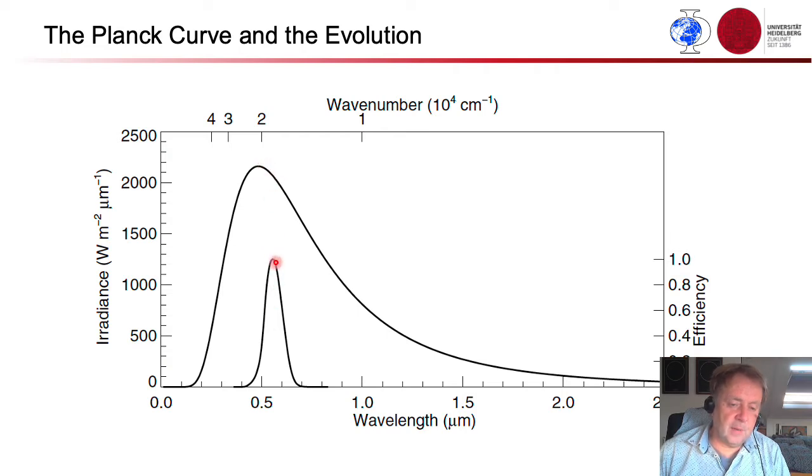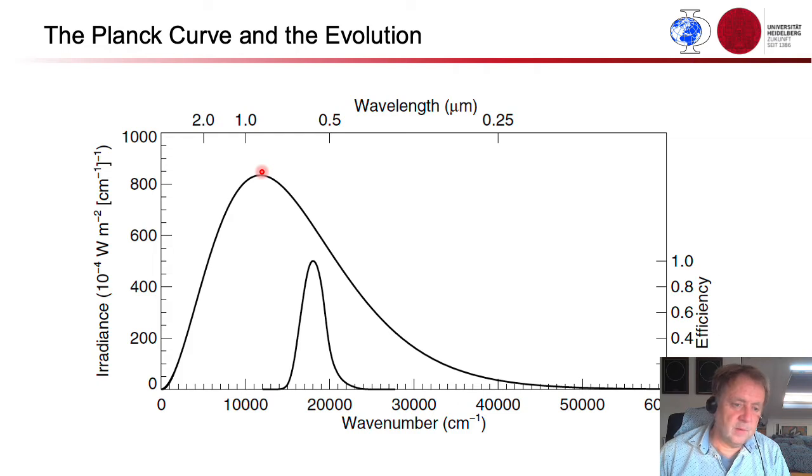We have here the maximum of the luminance curve close to it, and when we change variables to a function of frequency, the maximum is suddenly at 900 nanometer, which is far away from the maximum of the luminance efficiency curve. So that can't be the reason for evolution to choose that luminance curve.